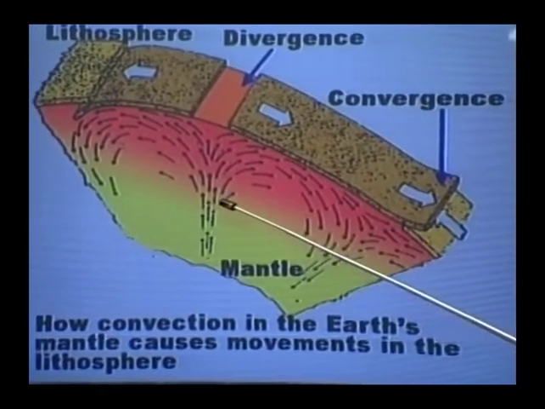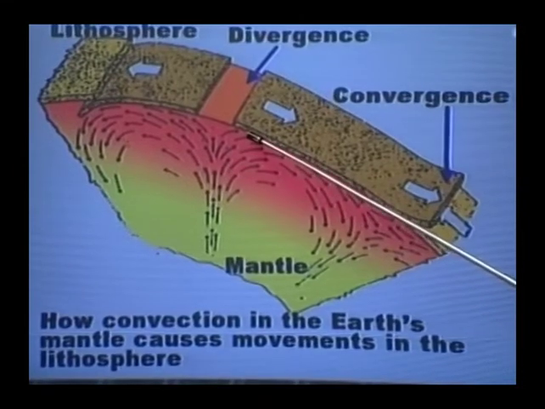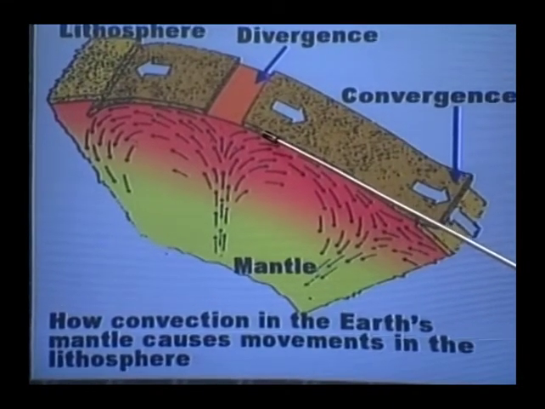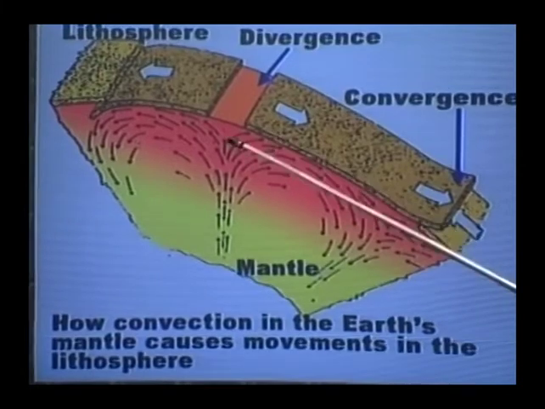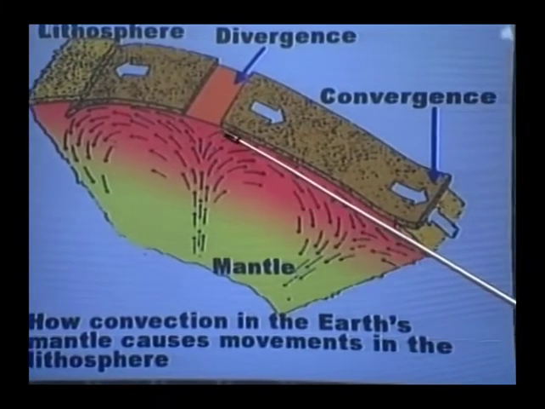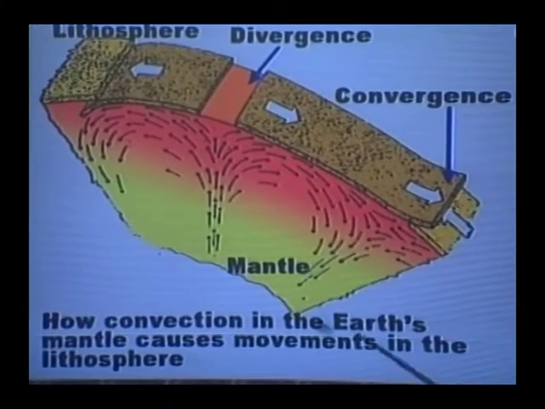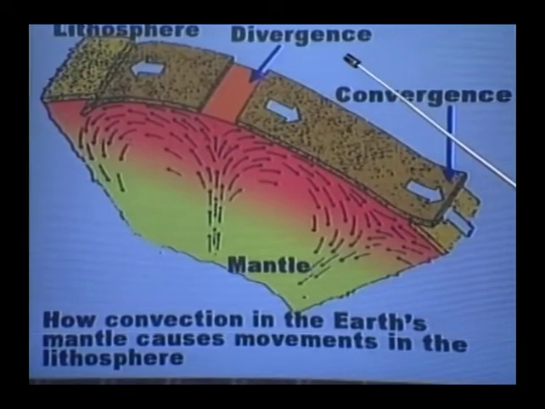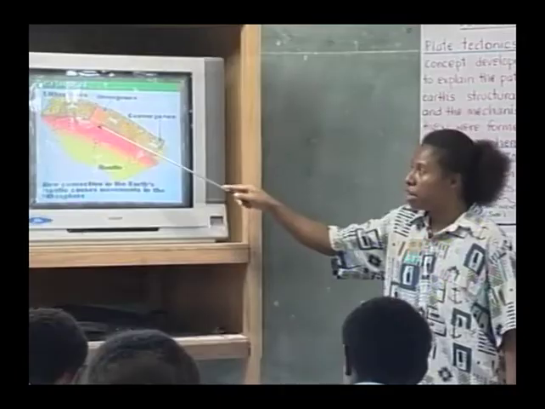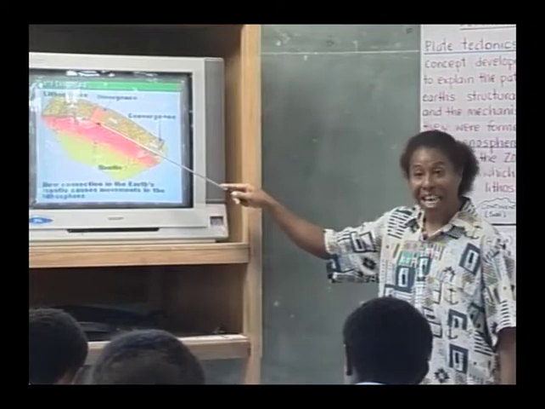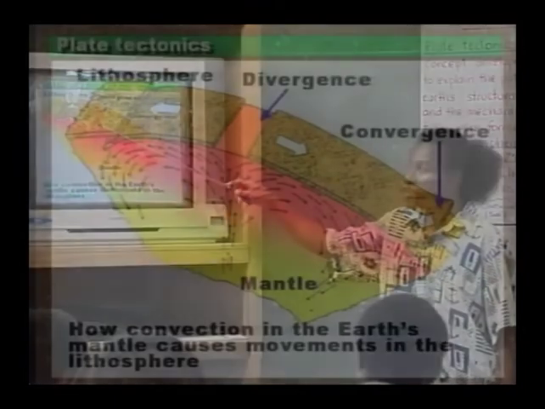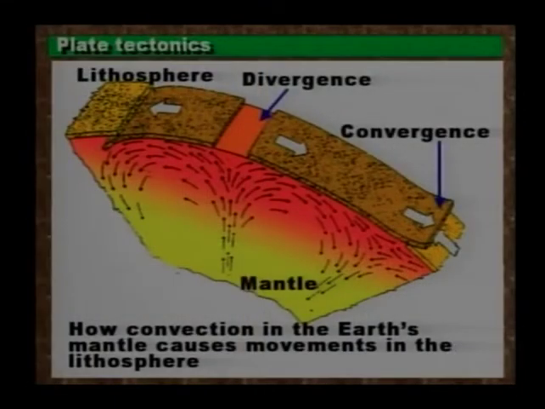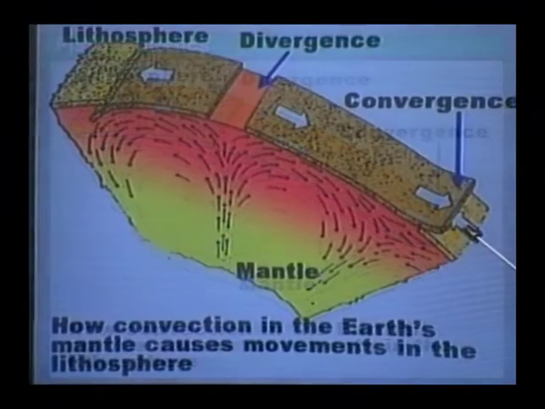As soon as that material comes to the surface, it comes in contact with the crust. And when it comes in contact with the crust or the lithosphere, it will contribute to the movement of the crust. And the movement can result in plates which are sitting on the surface moving either away from each other or towards each other.